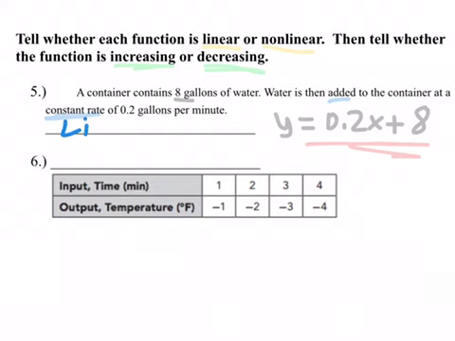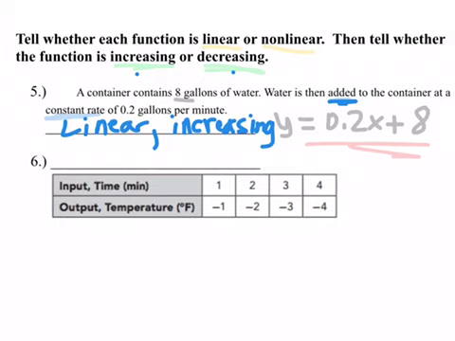So this is linear. If I graphed it, it would be a straight line. And is the container increasing or decreasing? The water is being added, so the water level would be increasing.